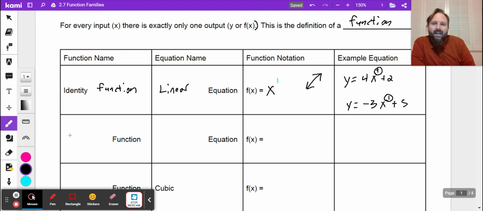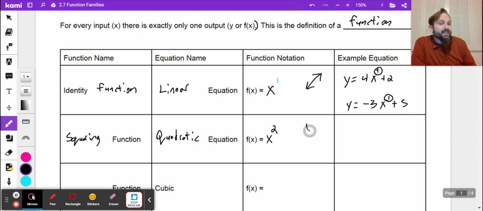Now the next one we have is the squaring function. That means multiplying x by itself. We call these the quadratic equations. That's where the parent looks like this, x squared. If it looks like a U going up, it's most likely going to be squared, but it could be something else. It could also be pointing down for some reason. We'll get into that.